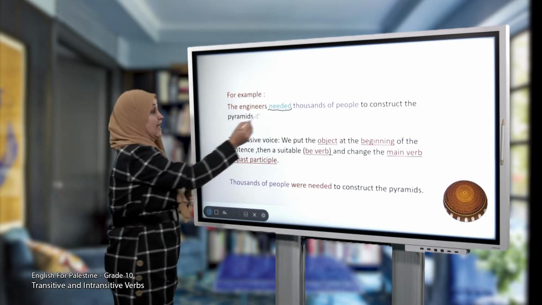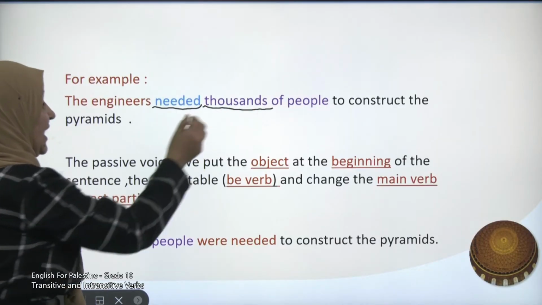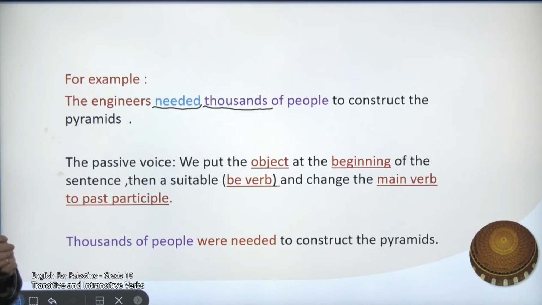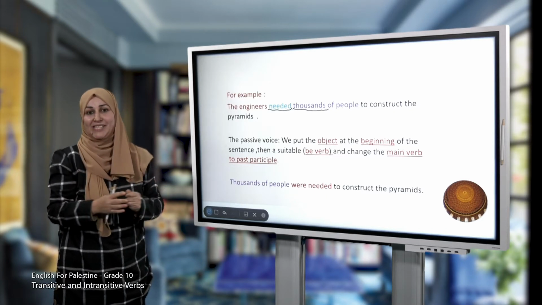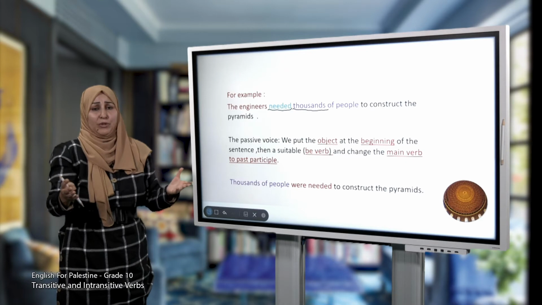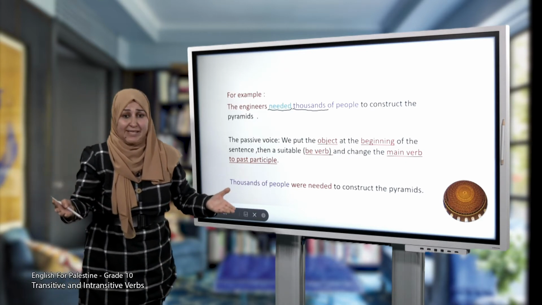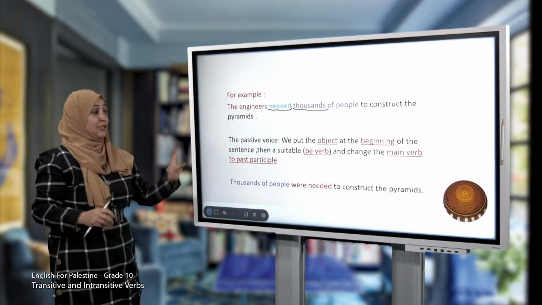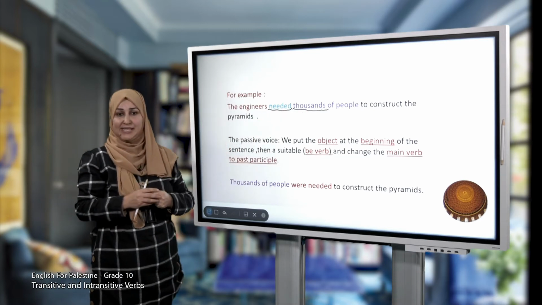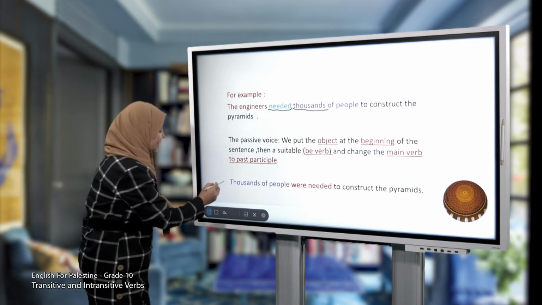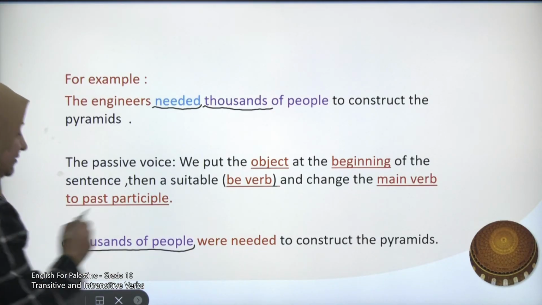And we have thousands of people as an object. So, we can change the sentence into passive. But what we are going to do is first to put the object at the beginning of the sentence and we will call it the new subject.